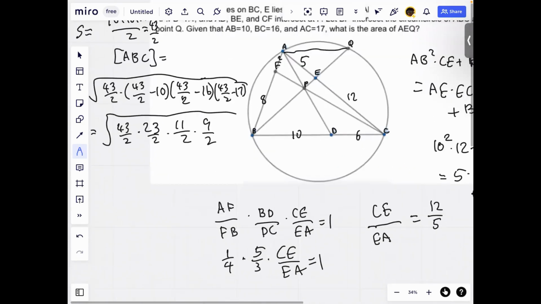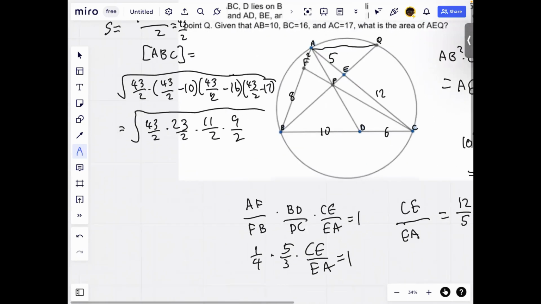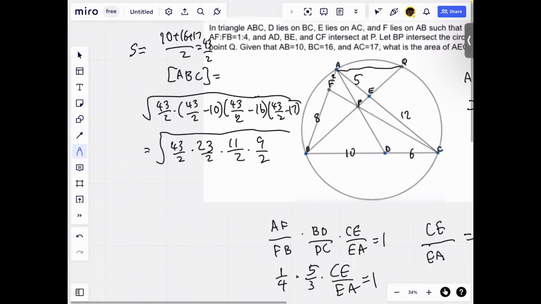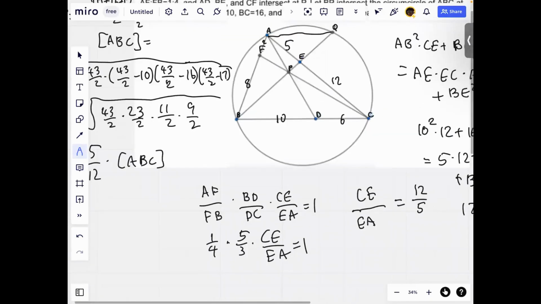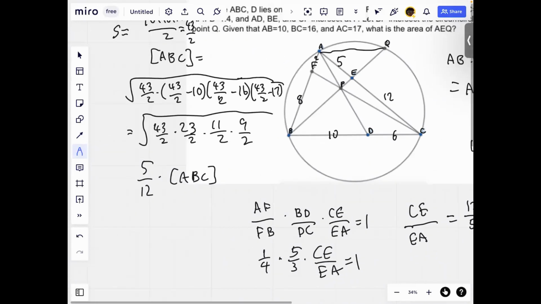So now we know this is the area of ABC, and then AEB is just 5 over 12 times the area of ABC. And then the area of AEQ is just EQ over EB times the area of AEB.